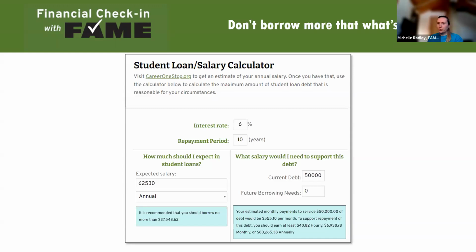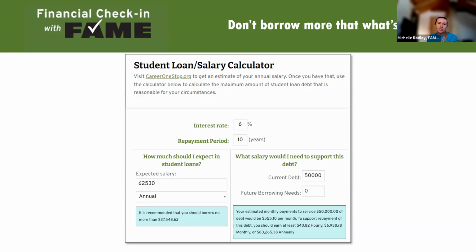But we have this really great tool that's available on our website that helps spur that conversation. It'll give you a forecast of how much is really affordable for you to be borrowing. It allows you to edit interest rate, repayment periods, as well as basing it on an expected salary once your student graduates.